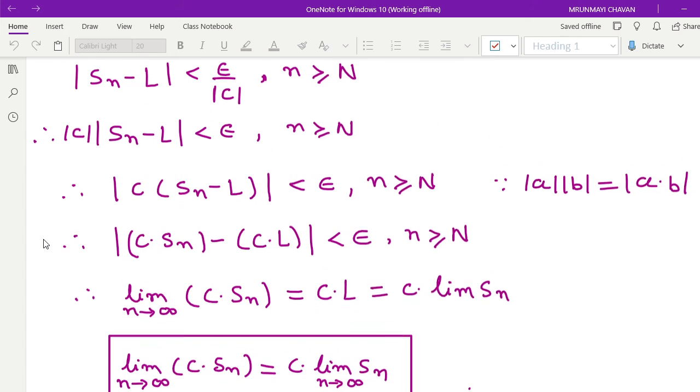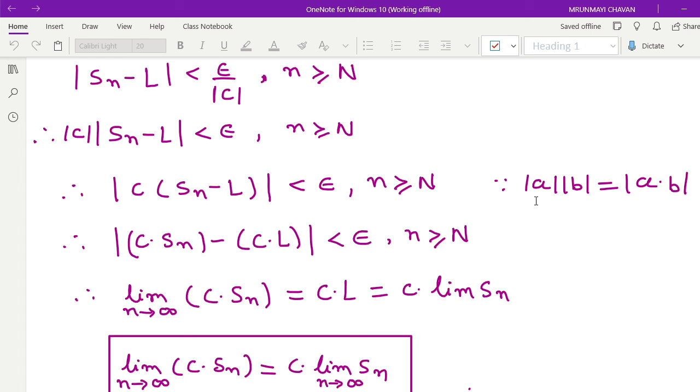Now in this, mod C into mod Sn minus L is less than epsilon, we take this mod C into this mod Sn minus L inside one modulus. So mod of C into Sn minus L is less than epsilon.